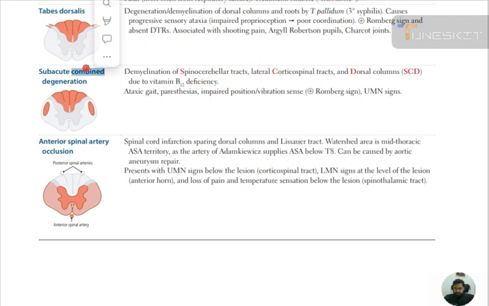So it is combined. Subacute means it is over a short period, not a long period. It is due to vitamin B12 deficiency. There is ataxic gait, paresthesia, impaired position and vibration sense, positive Romberg sign, and upper motor neuron signs.